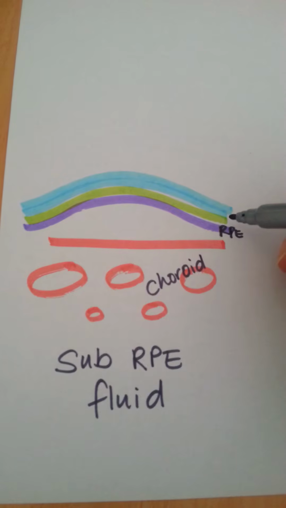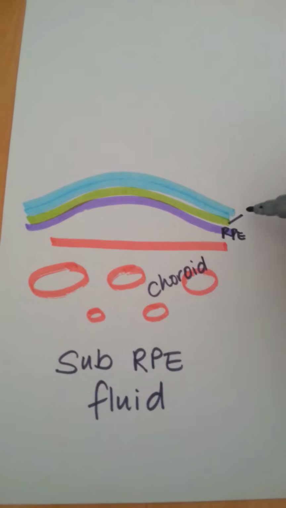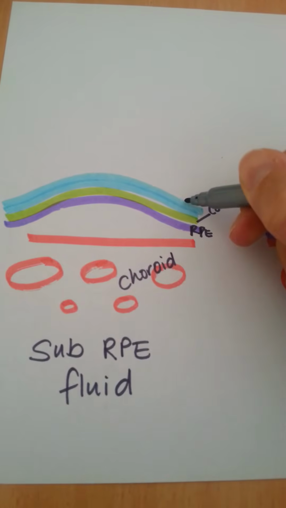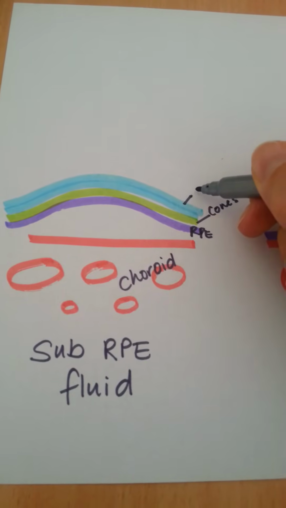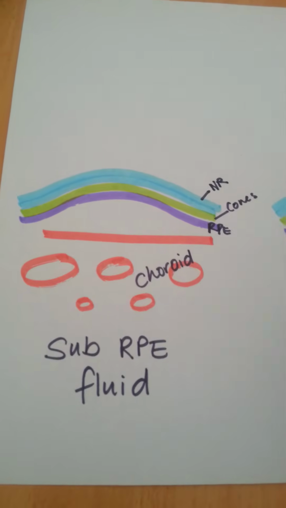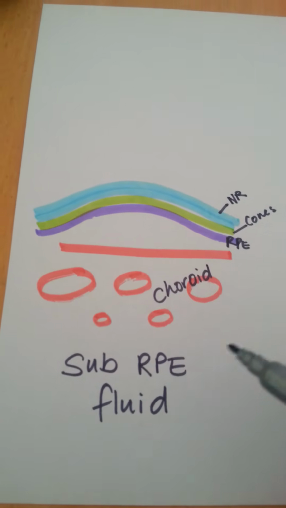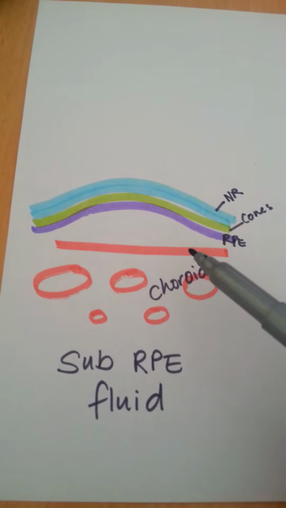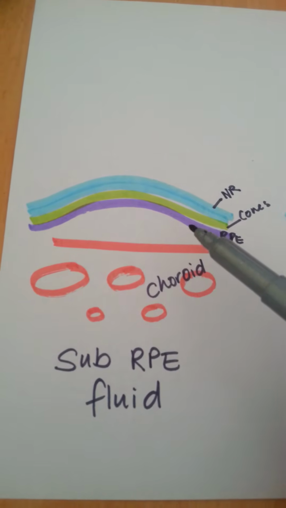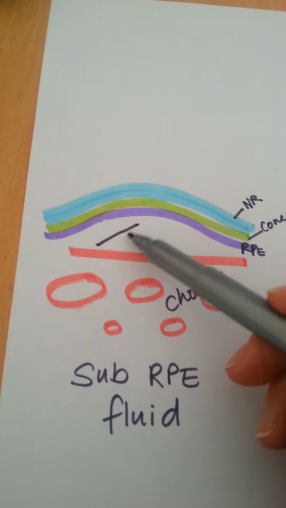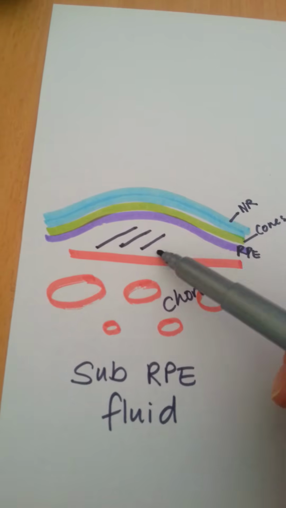The green line represents the photoreceptors, so I'll just put cones, and the blue line there represents the rest of the neural retina. Okay, so when you have build-up of sub-RPE fluid, what that means is it's between the Bruch's membrane of the choroid and the retinal pigment epithelium, and the pockets of fluid can be found in this zone here.